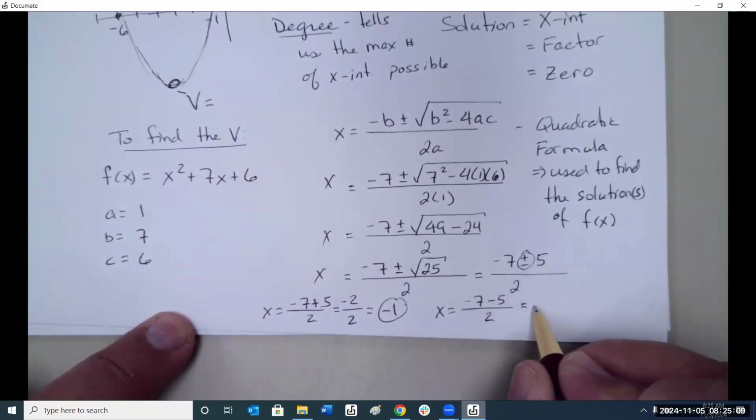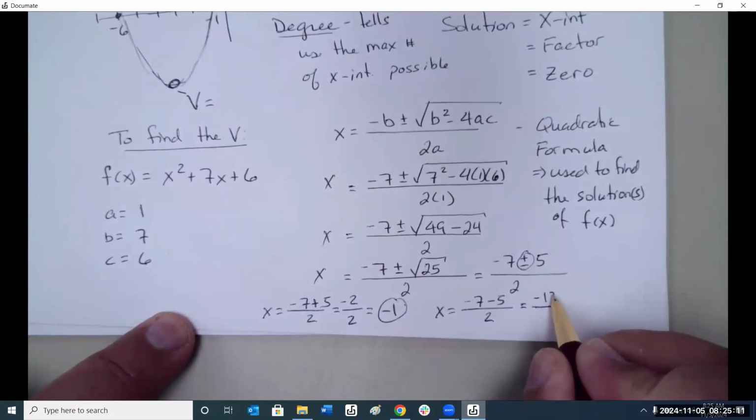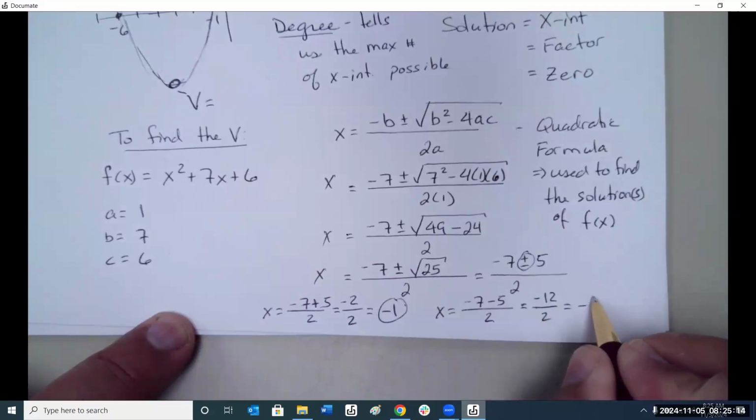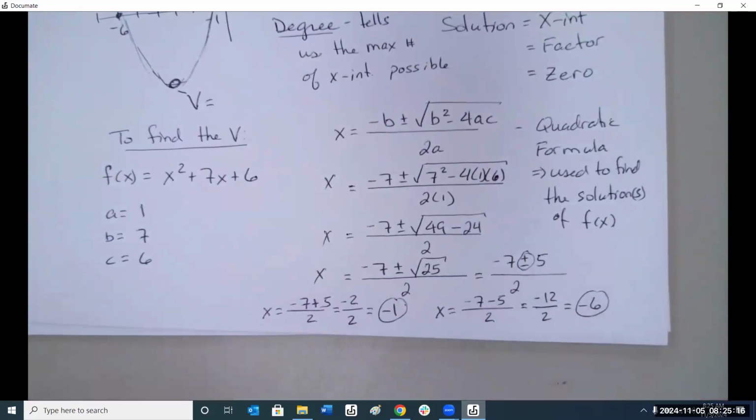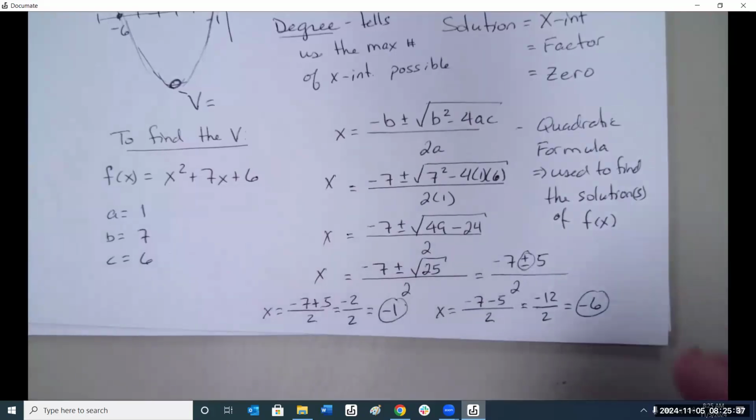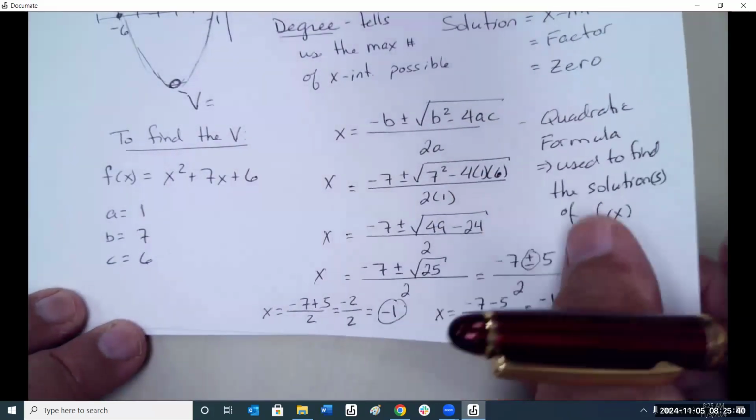Negative 7 minus 5 is negative 12 over 2, which gives us negative 6. Those are the same values we got when we factored it out. But the quadratic formula has another use. It actually has two uses.